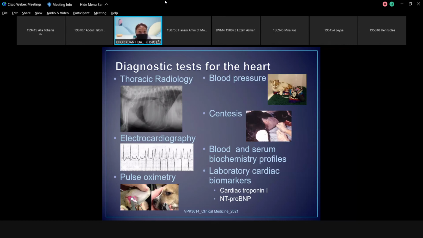Okay? What is available in diagnosing heart diseases? VPK 3614 is meant for me to talk to you about all those diseases across the board for cats, dogs, ruminants, equines, and maybe other smaller animals. But in ruminants, if a cow gets heart disease, it's slaughtered already. If a goat gets heart disease, surely it's slaughtered already.